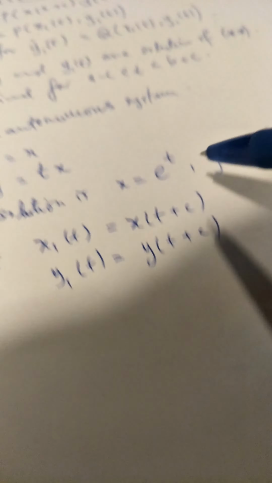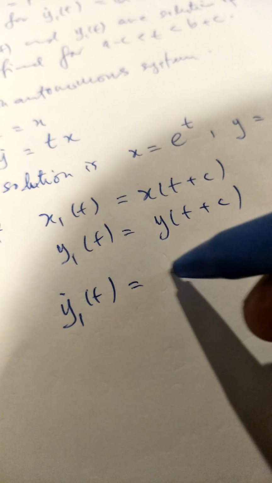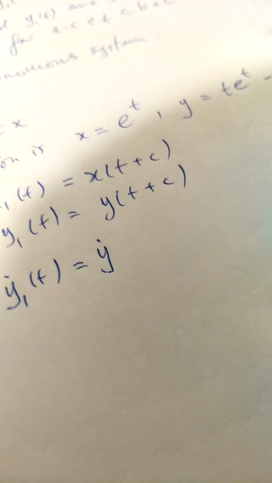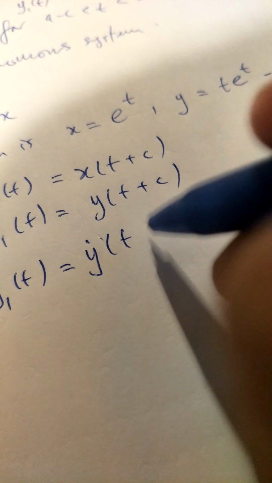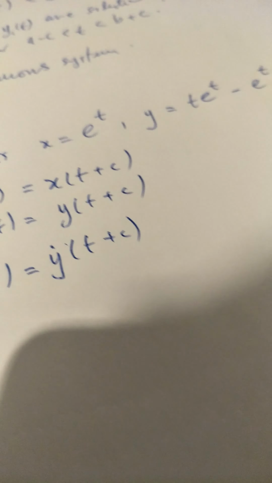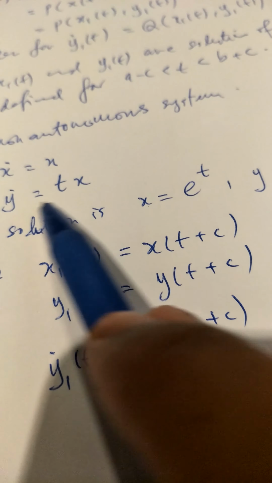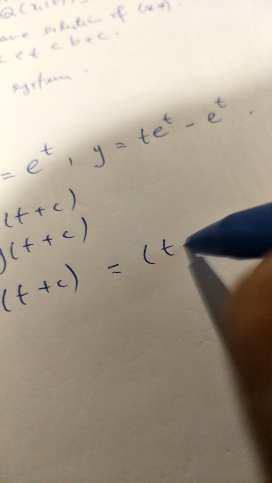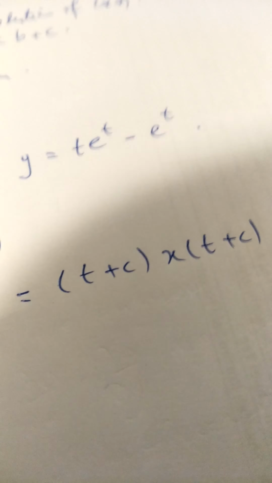We can see that for x there should be no problem because our x does not depend on t, but y depends on t. So we have y1 dot(t), which is y dot, because we differentiate with respect to t, at t plus c. And y dot(t plus c), from the given equation, gives you (t plus c) x, where x is a function of t plus c.